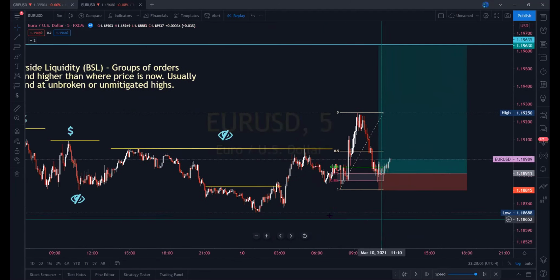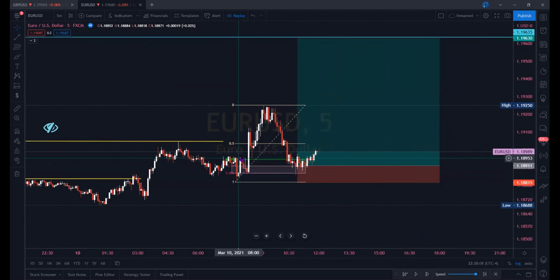If you see a move that goes like that and retraces and comes back up and finally breaks the high, okay? What you should be doing is using the origin. You should not be using the point that retraces again. You shouldn't be using stuff like that. You should be using the point where it originated from.